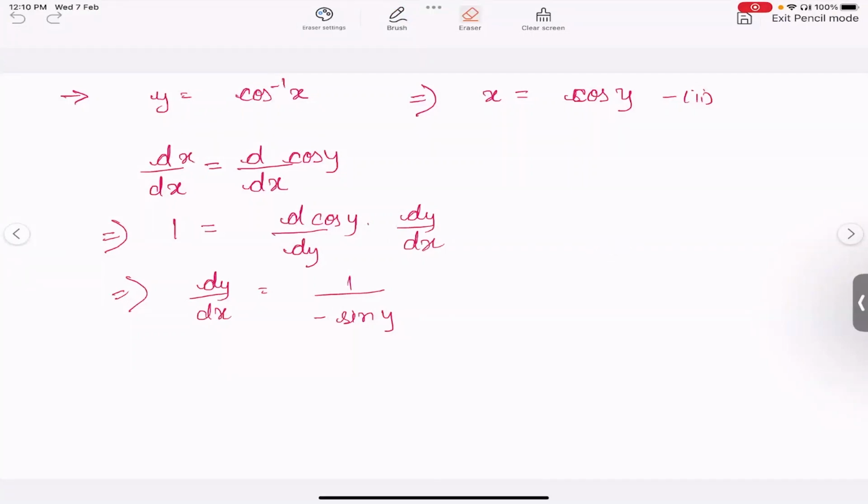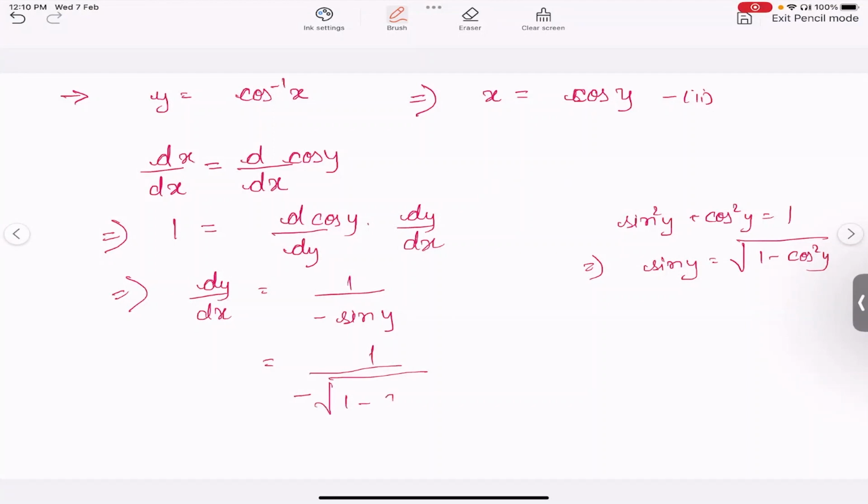Since sin square y plus cos square y is equal to 1, this implies sin y will be equal to the square root of 1 minus cos square y. So we'll simply write it down as minus square root of 1 minus cos square y.